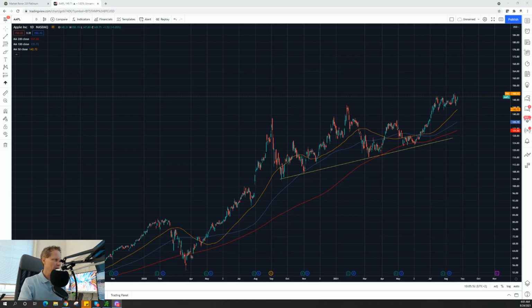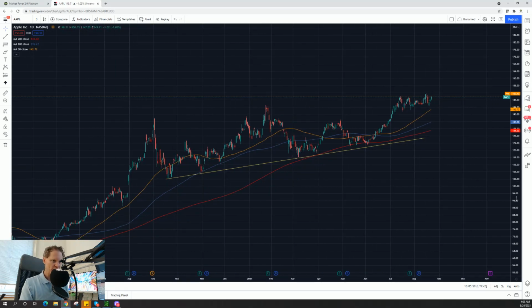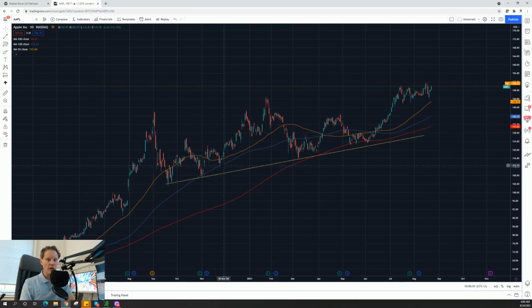For example, I've got a bunch of moving averages here. Let's just look at that yellow one. That's the 50-day moving average. A lot of people say, well, it's breaking above or below the 50-day moving average, so I'm going to buy or sell based on just that. And what we call that is a single factor model. It's a way too simplistic way of looking at it.